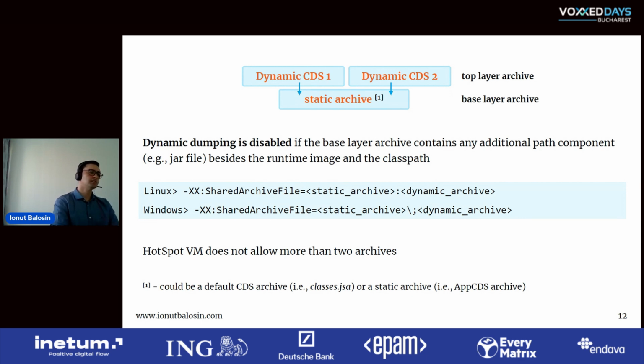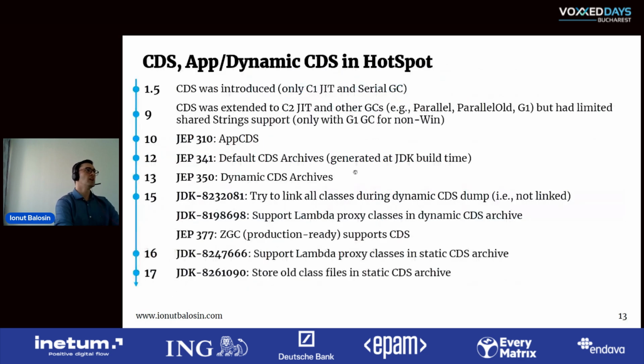So there are some corner cases that you might face in practice. Nevertheless, it's good to be aware of this mechanism because you can benefit from dynamic CDS. And I will show you some real hands-on examples of how it looks in practice.